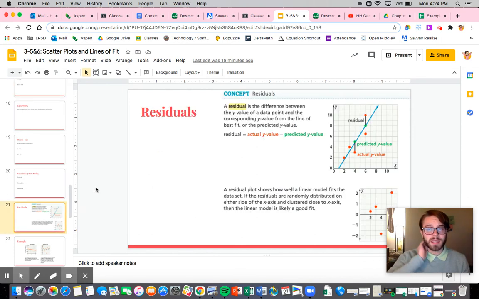The residual itself is just the difference between the y value and the predicted y value. So what do I mean by that? It's this distance. This is my residual. I actually had the point up here, but I predicted based on my line that it would be here. Or I actually had the y value down here, but I predicted it would be up here. It's really showing how well the linear model is fitting the data.